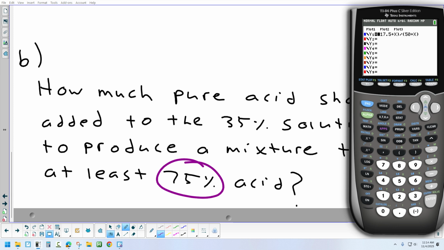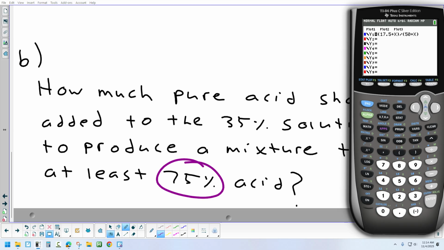Separate question. If you were calculating the mixture of the water in it instead of acid, would there be a horizontal asymptote of 0? So if you were calculating the amount of water in it, yeah, I guess that can continue to get lower and lower, but it would never reach 0 because there's always acid in it.